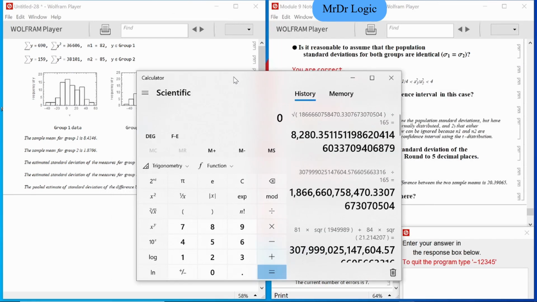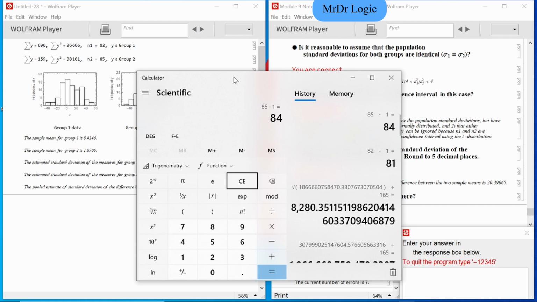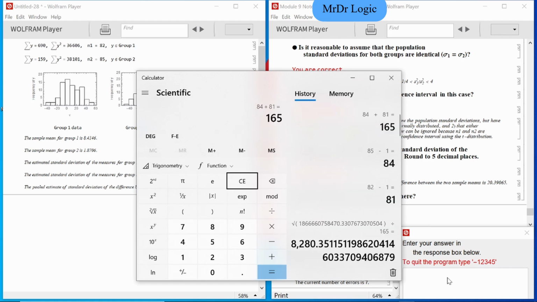So if we follow that procedure, 82 minus 1 is 81, 85 minus 1 gives you that one, 84 plus 81 is 165. And that should be your answer.